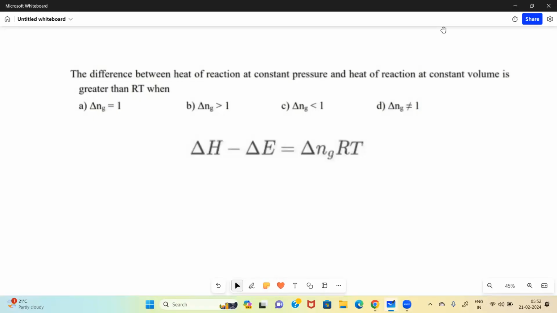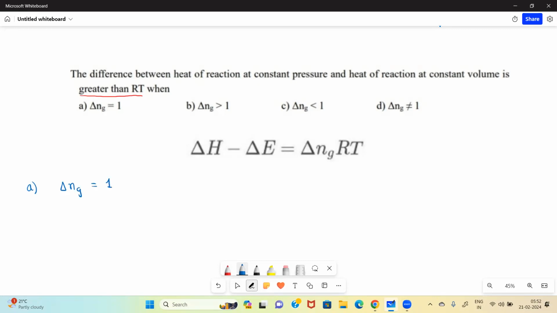Now let us consider each of these options and see in which of the cases the difference is going to be greater than RT. Let's take the first case. Delta Ng equals 1.